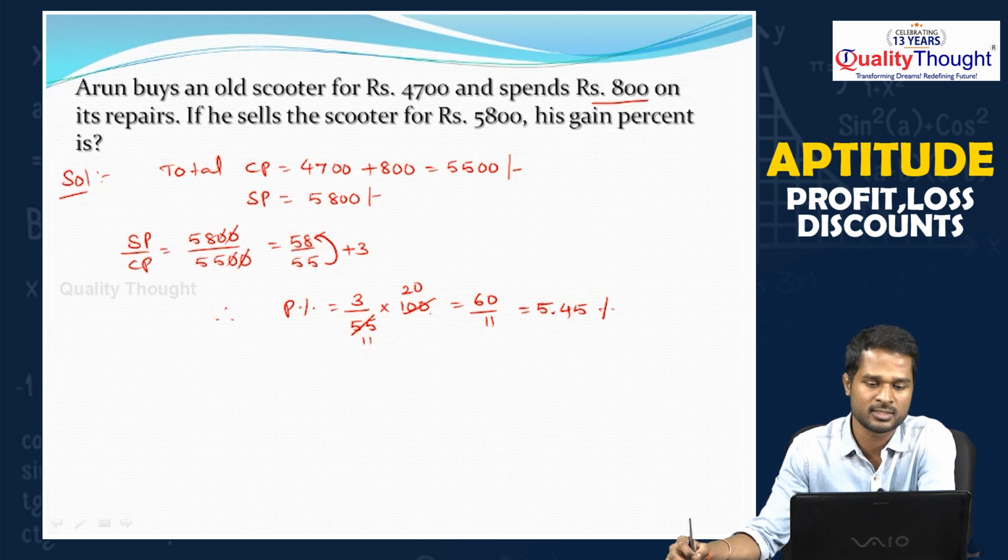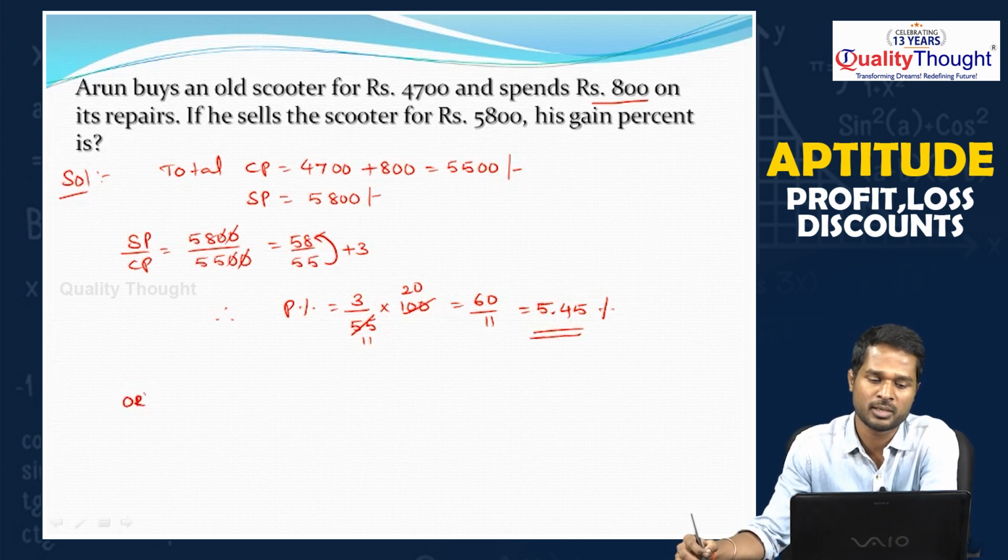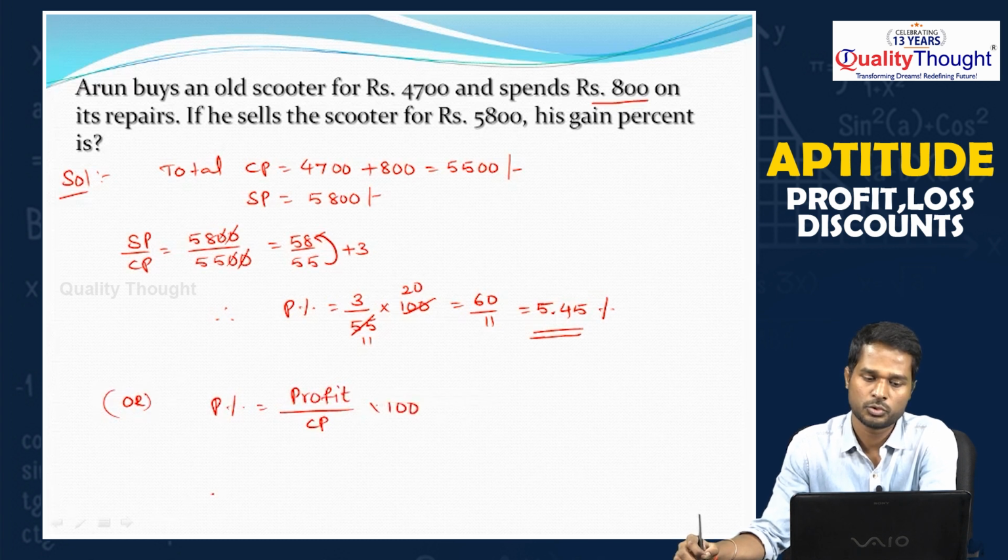See, we can directly say selling price is more, so he will get profit. So, profit percentage is 5.45, or this question can be solved with the formula: the profit percentage is profit by the cost price into 100 percentage. So, use this formula to calculate it.